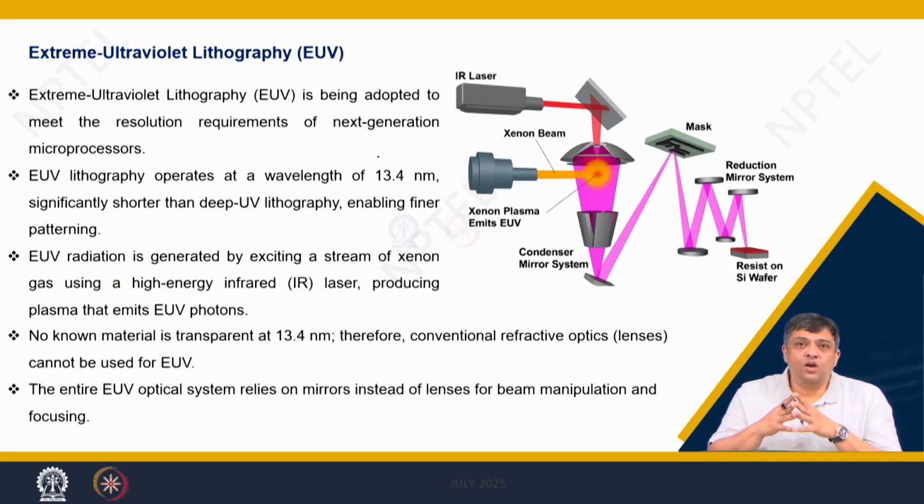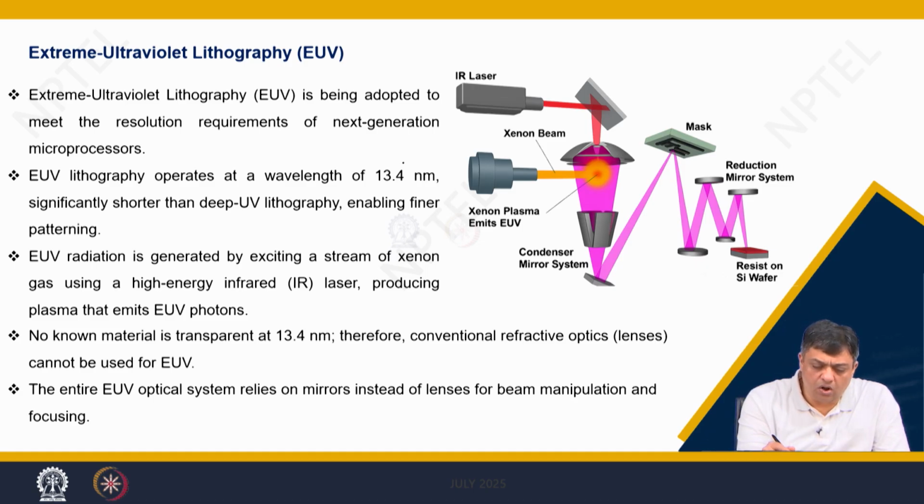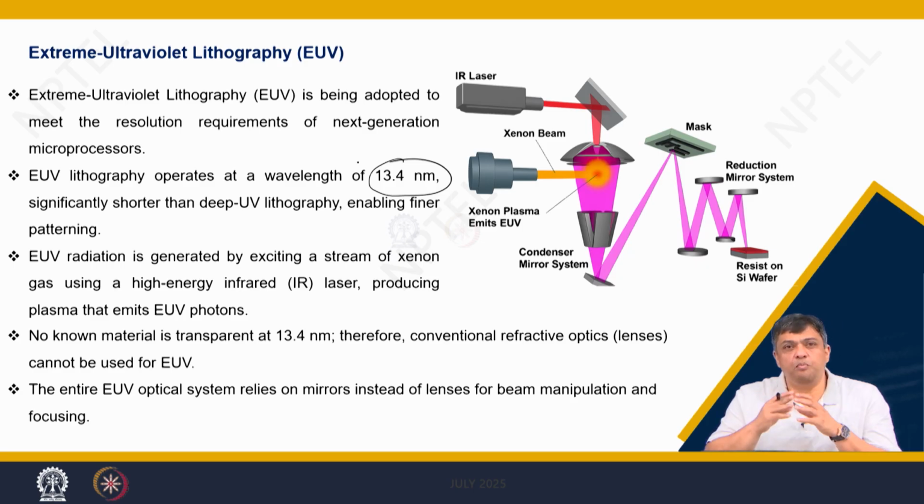Let us then now see what will happen to extreme UV lithography. So, these are basically being used to obtain next generation microprocessors. These generally operate at a wavelength of around 13.4 nanometers, which are significantly shorter than deep UV lithography, and hence they enable finer patterning.